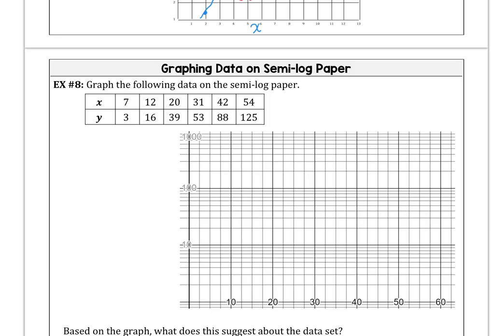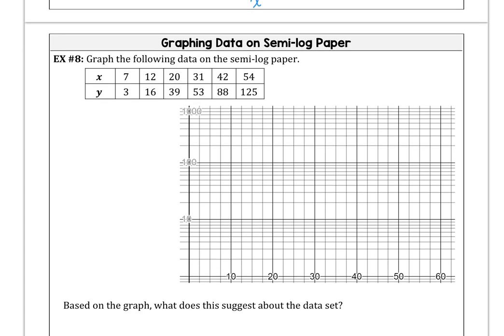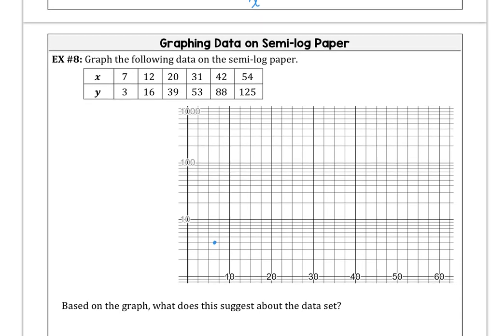In example 8, we want to graph the data on the log paper. When x is 7, y is 3. So 7 is going to be in here. Y is 3, right about there. When x is 12, y is 16, so 10, a little bit more than half.